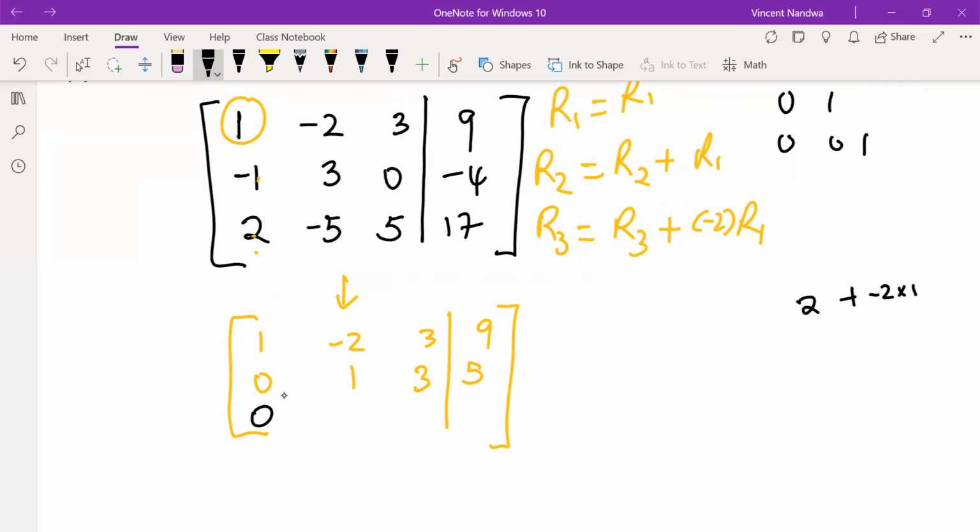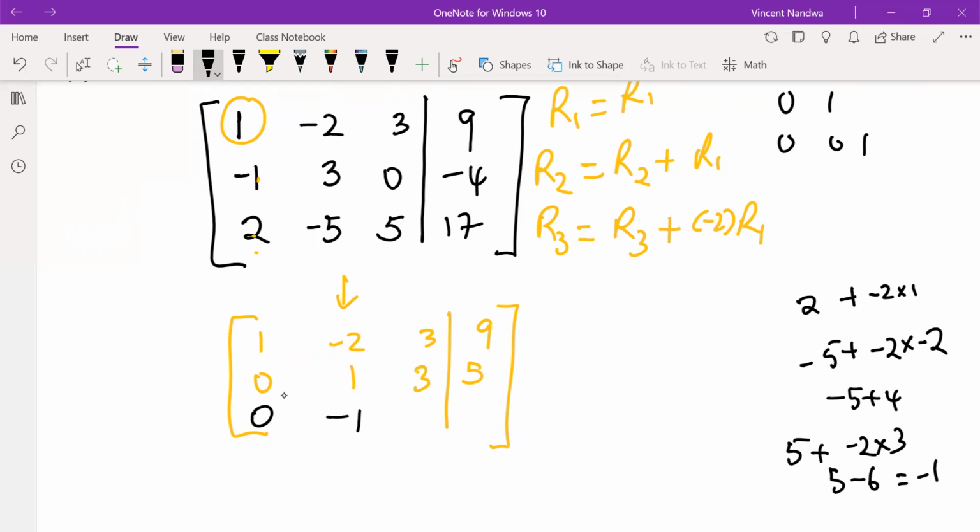Minus 5 plus minus 2 times minus 2, we get minus 5 plus 4, which is minus 1. 5 plus minus 2 times 3 is 5 minus 6, which is minus 1. 17 plus minus 2 times 9 is 17 minus 18. So this will give us negative 1.